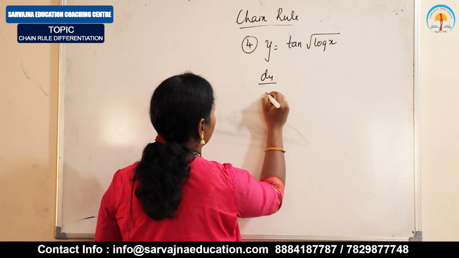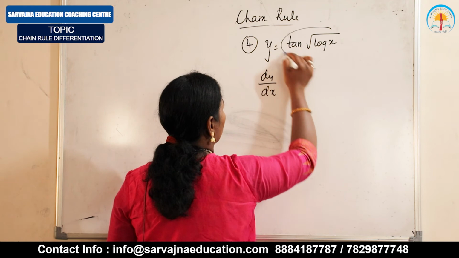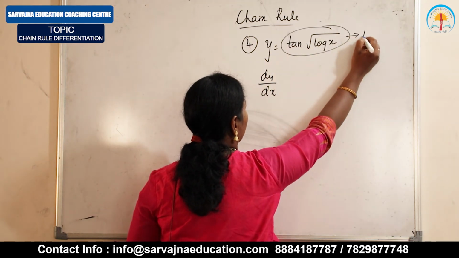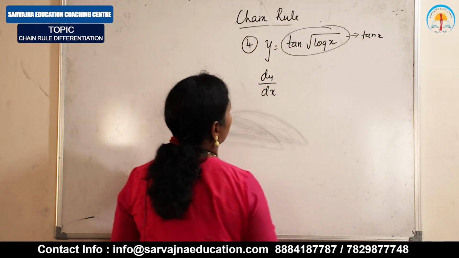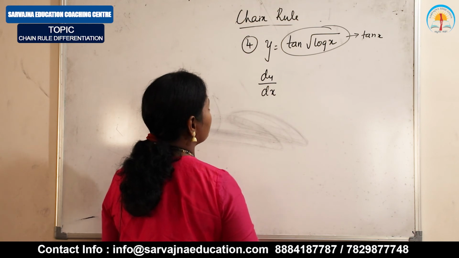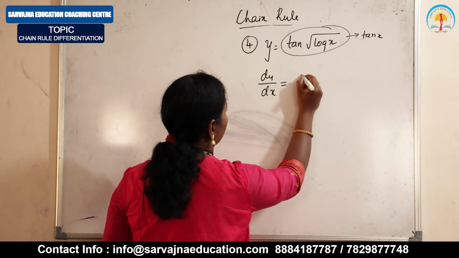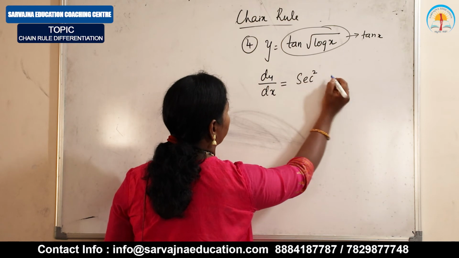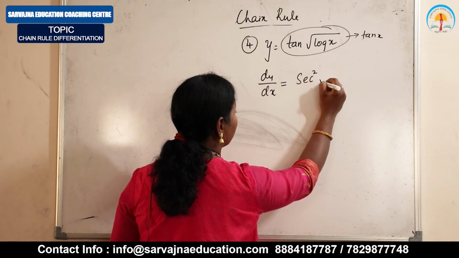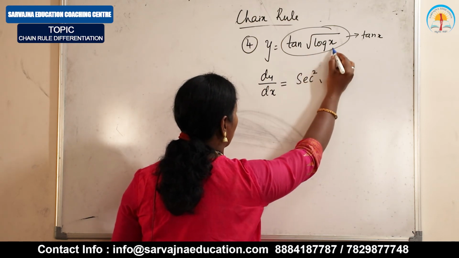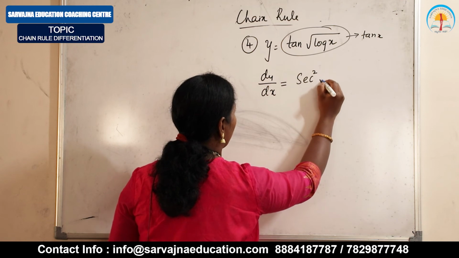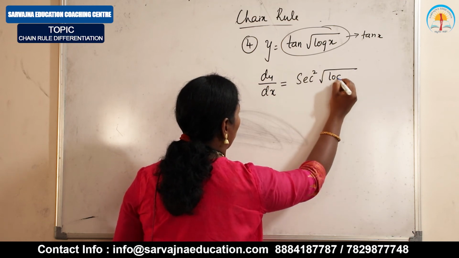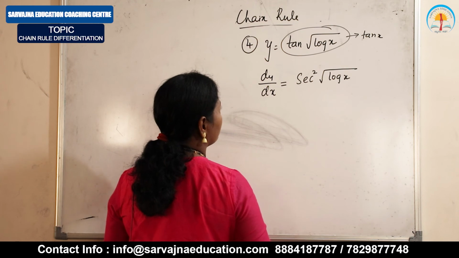dy by dx. It looks like tan x, correct? So what is the differentiation of tan x? Secant square x, in the place of x, root log x is there. That's what? Secant square root log x. Okay?